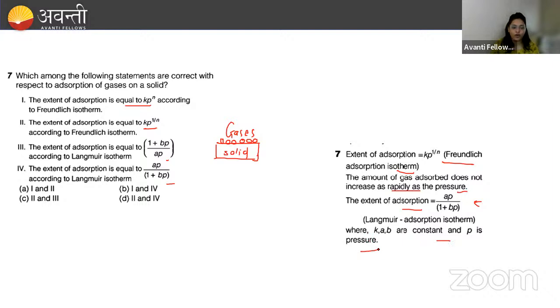So which of the following statements are correct with respect to adsorption on a solid? The extent of adsorption will be equal to Ap upon 1 plus Bp. This is our correct answer according to Langmuir adsorption isotherm. Ap upon 1 plus Bp and Kp raised to 1 by n, this is also our correct option, Freundlich adsorption isotherm. Okay, any doubts?